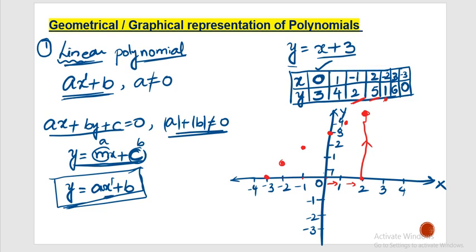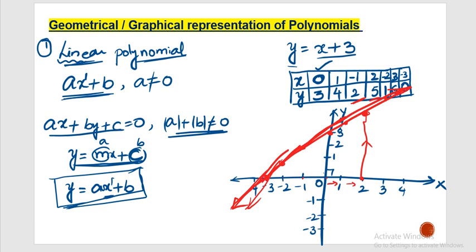Now if I join all these points, then I am going to get a straight line. If you draw it on graph paper, then you will get this clearly.